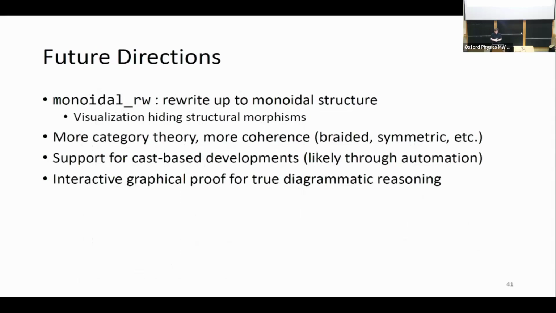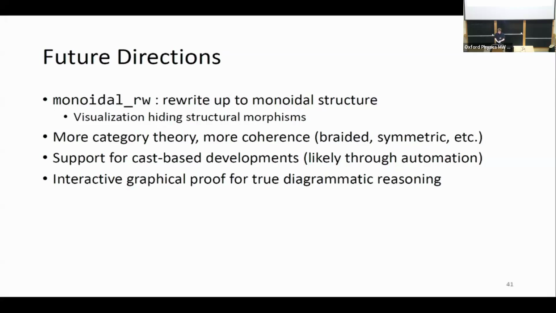But this also would enable visualization that hides the structural isomorphisms and gives you actual string diagram representation. Because if you can, in your coding, ignore the structure by having this rewriting, then you can visualize in that way and have it be useful.